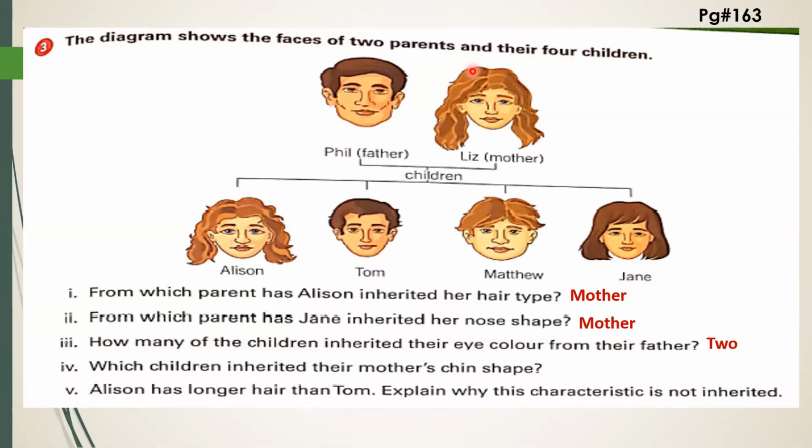Come towards the fourth statement. Which children inherited their mother's chin shape? Tom, Jane, Ellison. Very good. Ellison, Tom, and Jane have got their mother's chin shape.